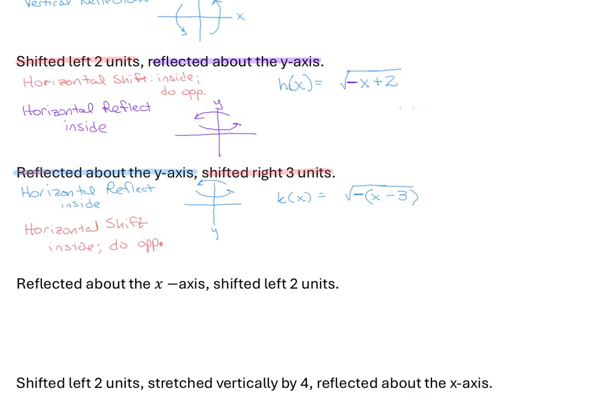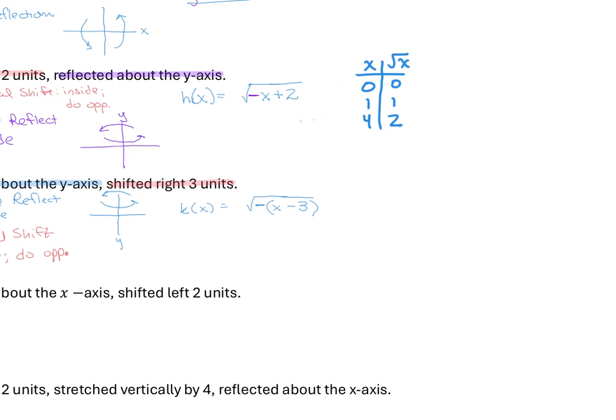All right, if we look at the first one, if we start with our points, and this is just going to be square root of x. Remember, we have 0, 1, and 4. We have 0, 1, and 2. Both of these are on the inside. And so recall when we talked about how do we do this originally, what we want to do is we want to set the inside equal to each one of these numbers.